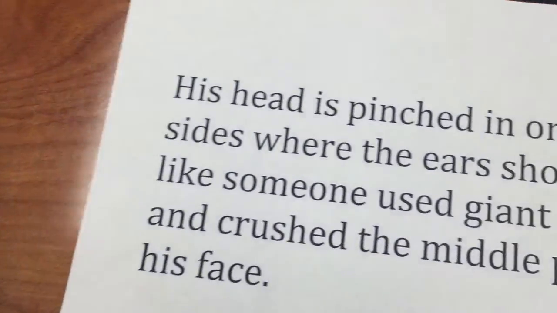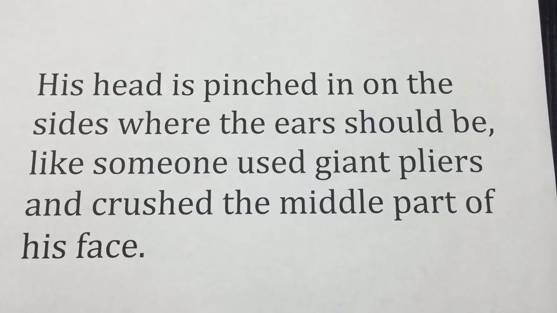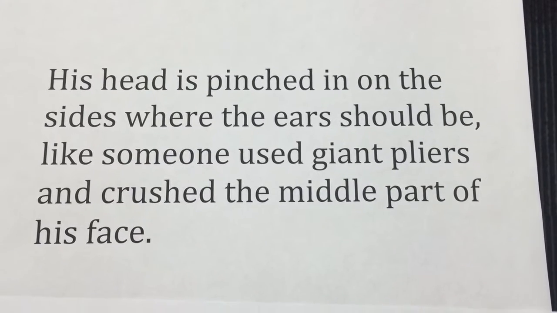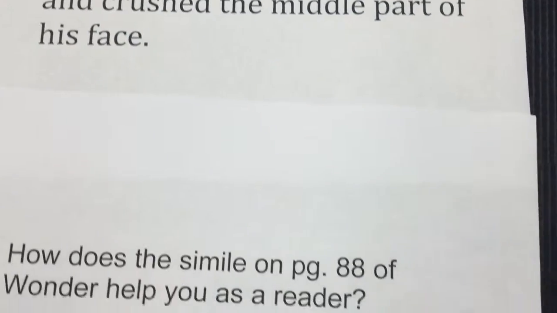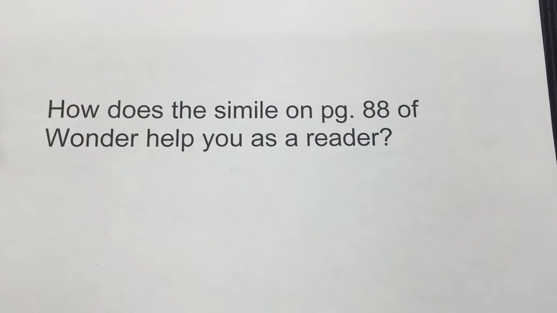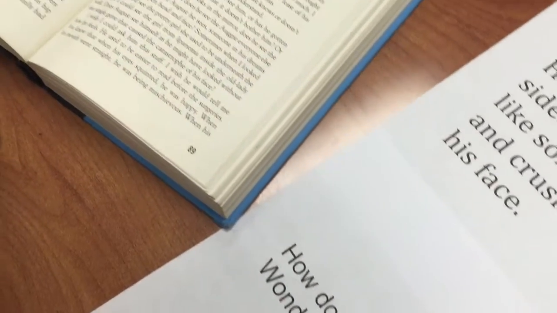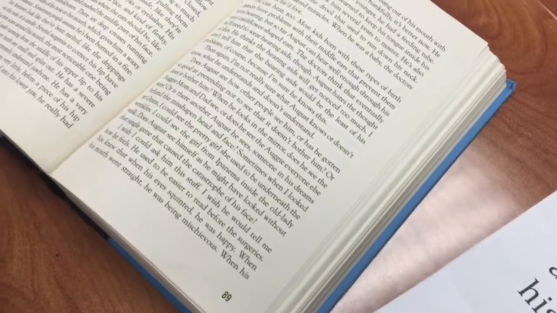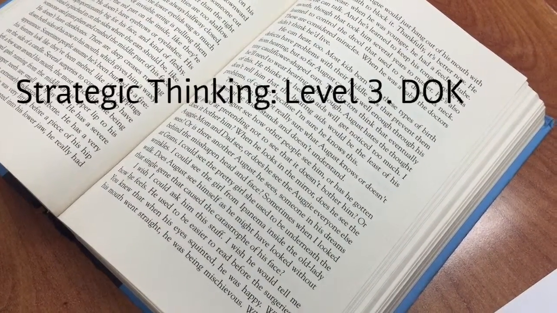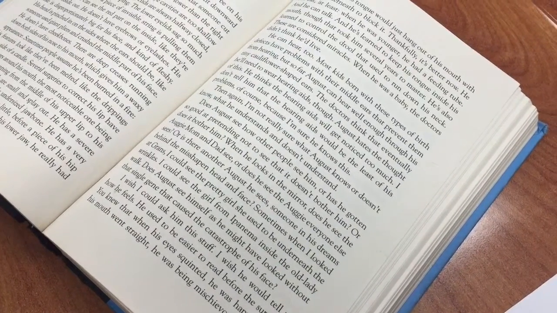In the book Wonder, on page 88, there's a simile that reads, "His head is pitched in on the sides where the ears should be, like someone used giant pliers and crushed the middle part of his face." How does this simile on page 88 of Wonder help you as the reader? I think it helps me because it gives me a more vivid image of what August looks like, and now I understand more why people do the things that they do to him, because he's going through a lot and they think he looks weird.